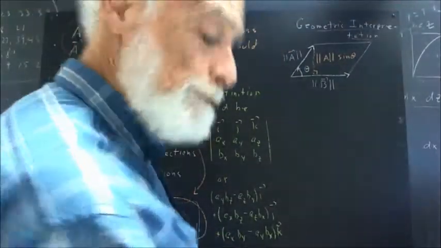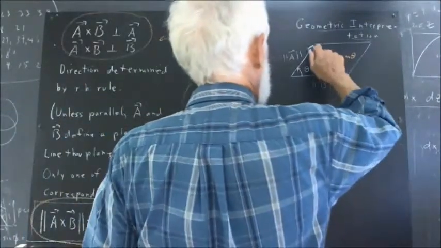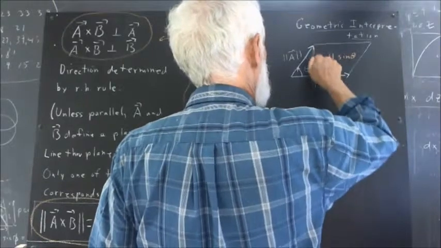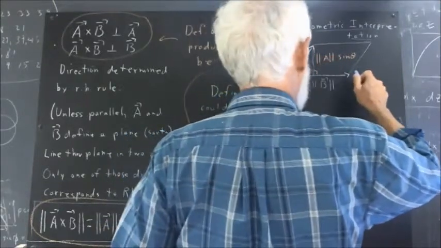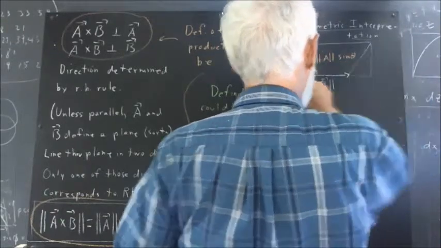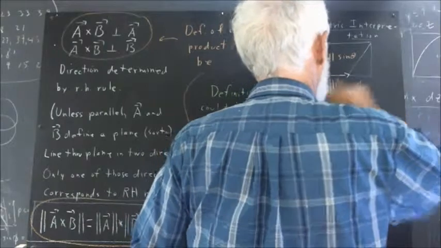Now, I'm going to outline this triangle in blue. I'm going to chop it off, rotate it and paste it over here. So we chop this off here and paste it over here. What have we got?